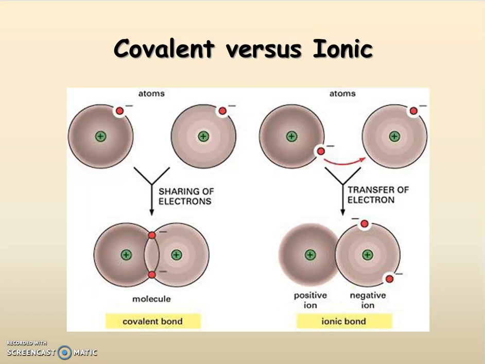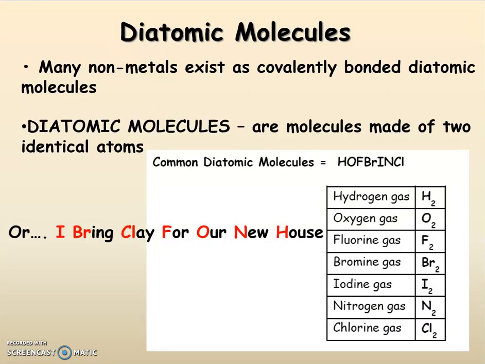Positive and negative attract. Okay, so just to recap, you've probably learned this in grade 10. There are some molecules that will create on their own. Like atoms will naturally attach to other atoms of their same type.